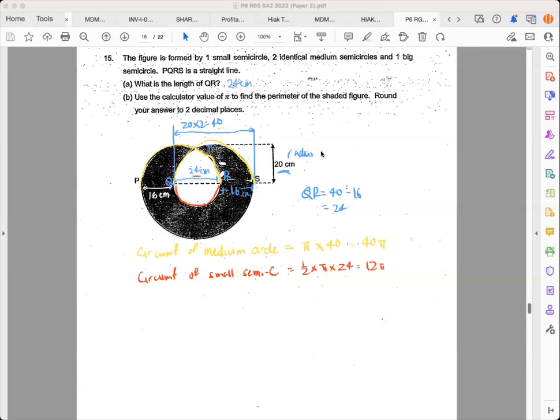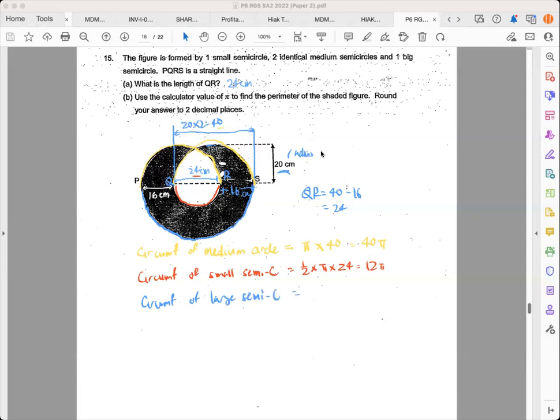Now, there's still one missing part to the perimeter. This is the part. This is the circumference of a large semicircle.